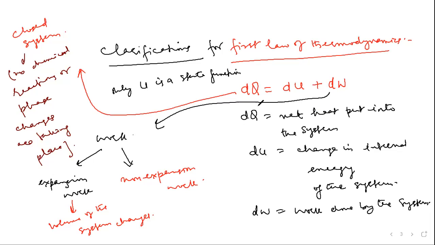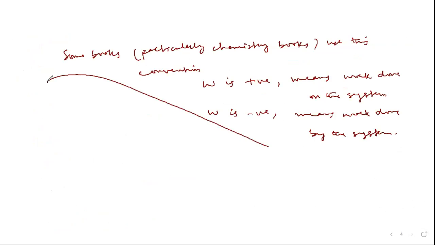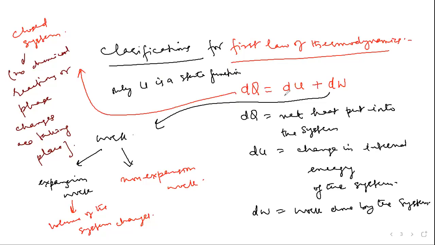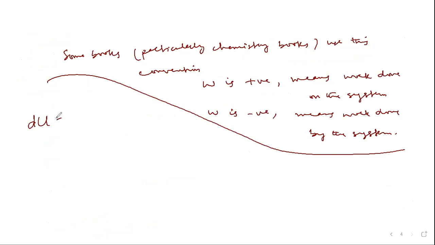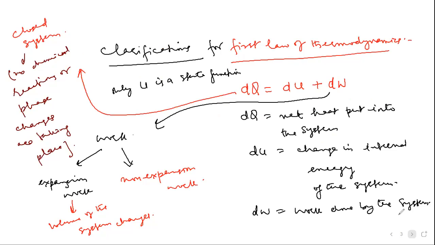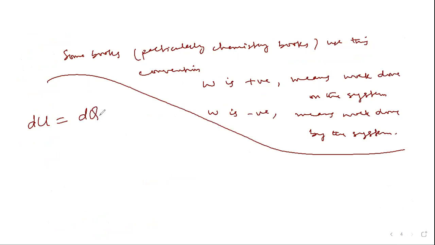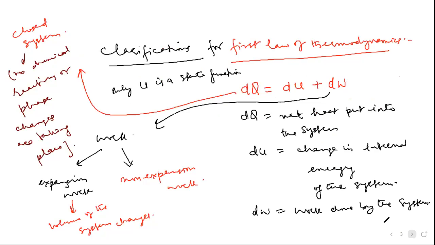So I can write this law now this way. If I write it this way, in my convention, if I solve for dU, I can write dU is equal to dQ minus dW. Simple, dU is equal to dQ minus dW.